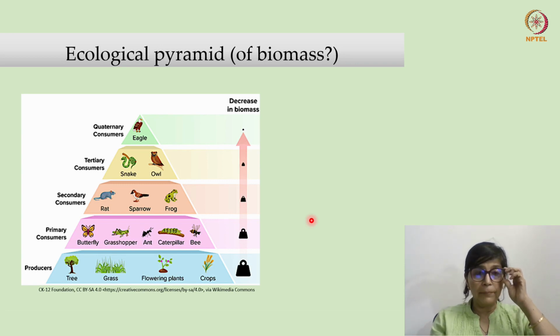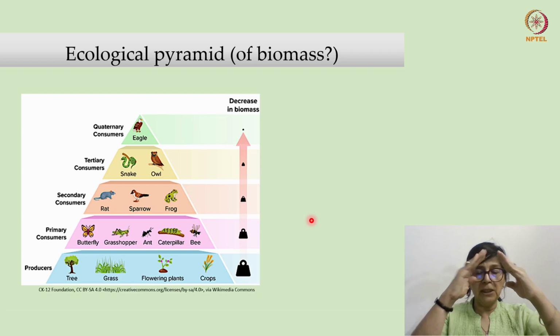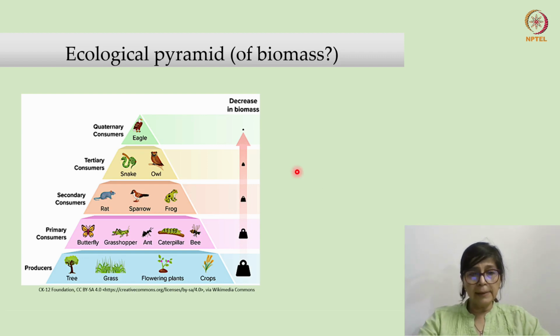This is what you have been studying, right? A decrease in biomass from the bottom level to the higher level, giving it a pyramid shape. Now let's take a keen look at this. In the producers, here we have trees, grass, flowering plants, crops. That's why my previous slides become relevant. Till now, whenever we have been thinking about the pyramid, we always think that a grasshopper is eating grass, or something is eating the producer.